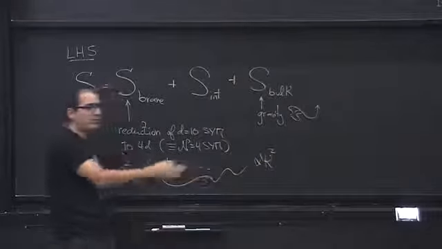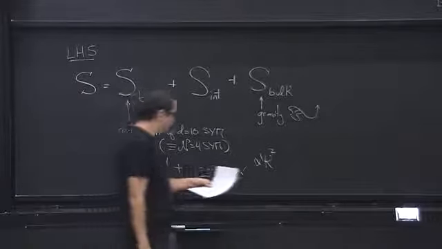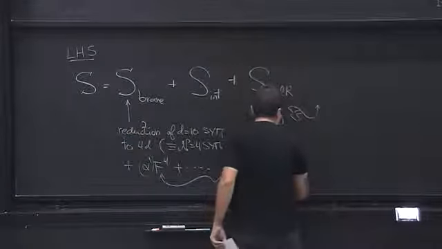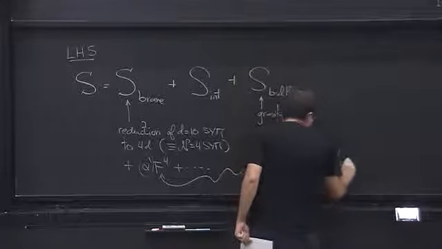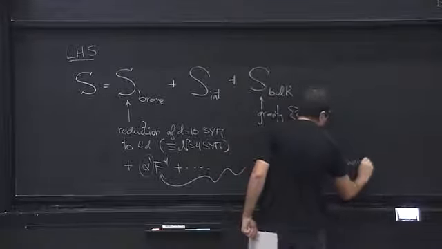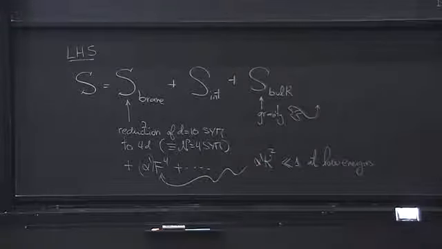This becomes very small at low energies when these momenta are small. This is just the usual thing of effective field theory: you write a bunch of operators, which at low energies become irrelevant and don't contribute, just by dimensional analysis.